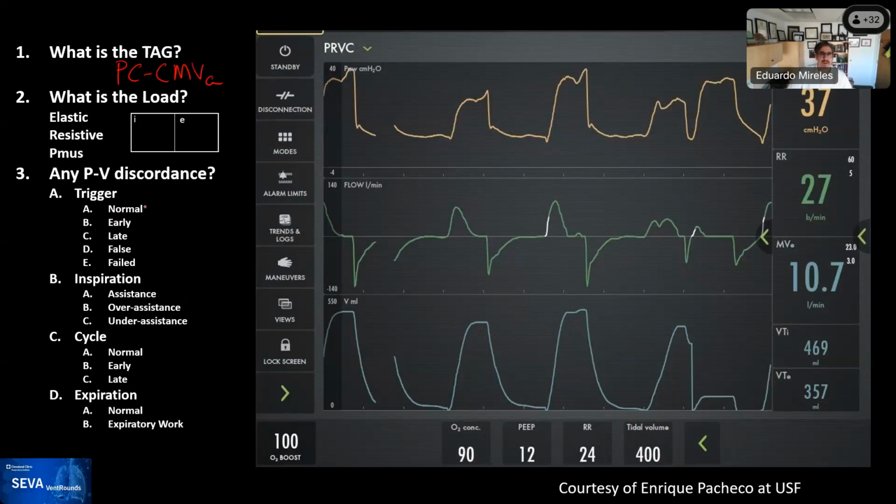It's the same mode. But I would ask the team, what do you think is the load? Elastic, PMOS, resistive? Yeah, so the teams are recognizing rapidly this is elastic, and this is an important one because you're going to have different breaths, and some breaths may have PMOS, but others don't.